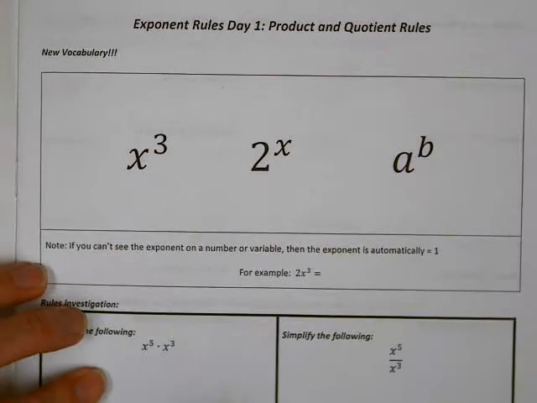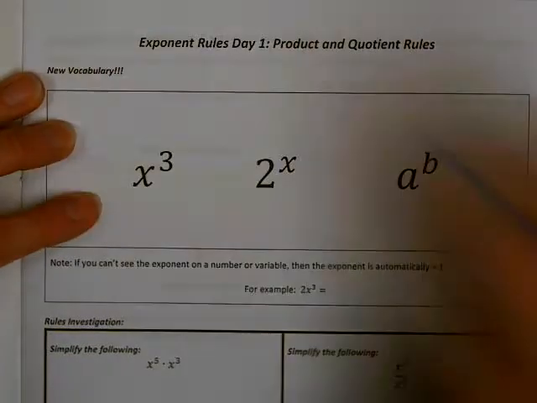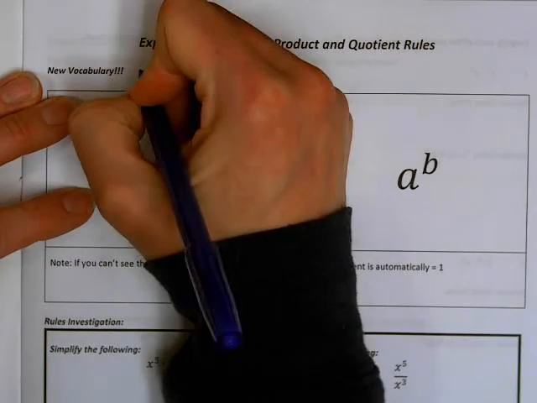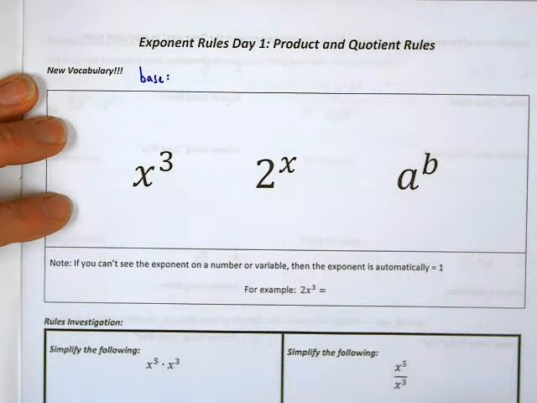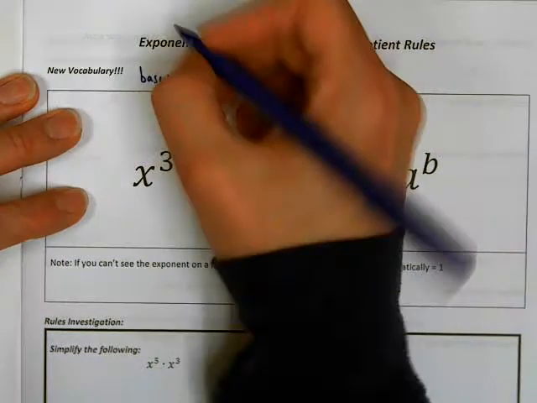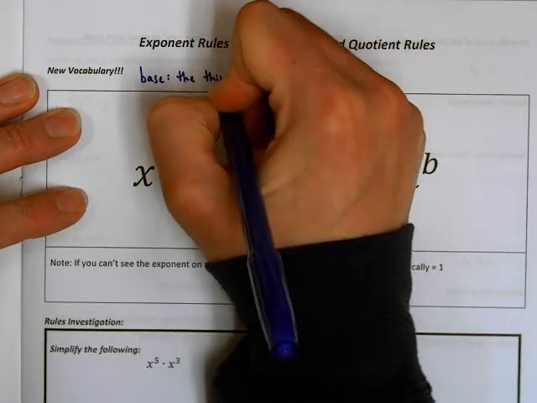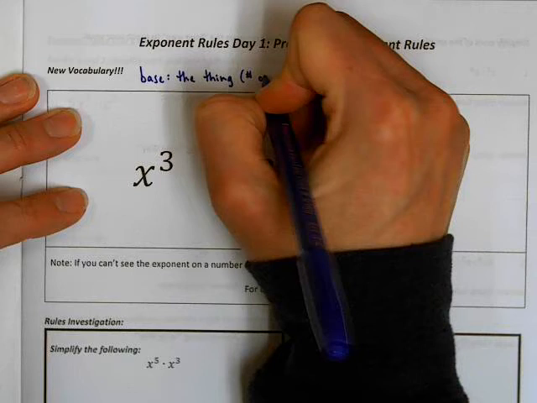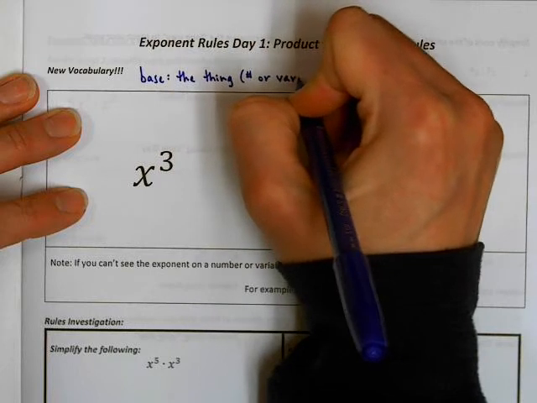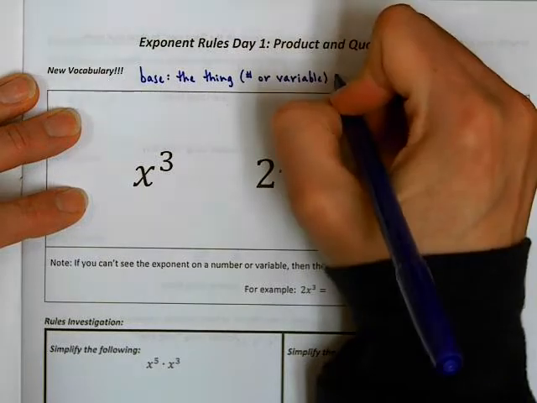The first word, and I'm just going to write this at the top here: when we're working with exponents, we want to be familiar with the base. For us, the base is the thing. Sometimes it'll be a number, sometimes it'll be a variable. So the thing, either a number or a variable, that is being multiplied.